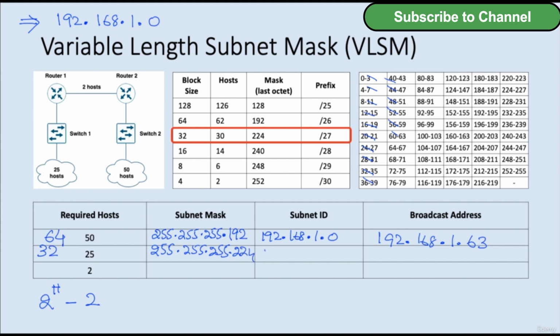The subnet ID will be, look, the previous one is ending at 63, so it will start at 64, and it will go for a block of 32. If I divide 32 by 4, because in my second table blocks of 4 are available, I get 8 blocks actually: 1, 2, 3, 4, 5, 6, 7, 8. So the last address, or the broadcast, will be 95.